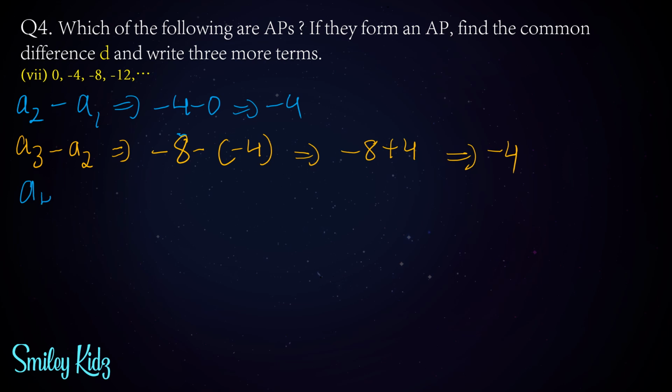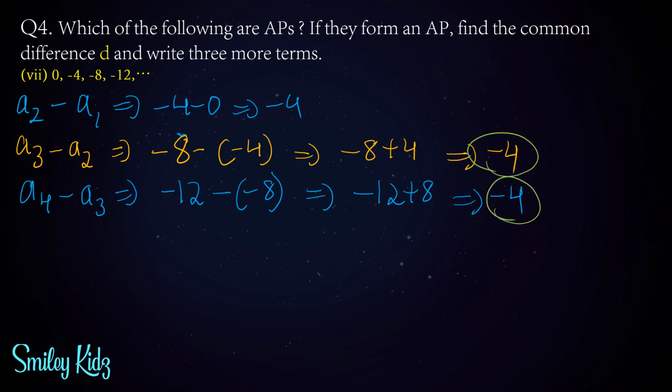Then A4 minus A3, minus 12 minus of minus 8, which is minus 12 plus 8, which is minus 4 again. Now have a look at the common differences. Are they same? They are same. So the given sequence is an AP and the common difference is minus 4.